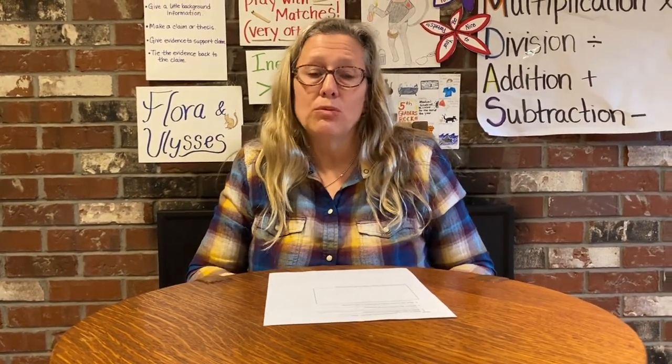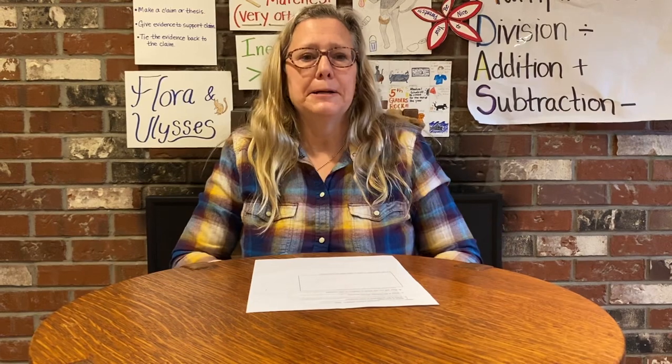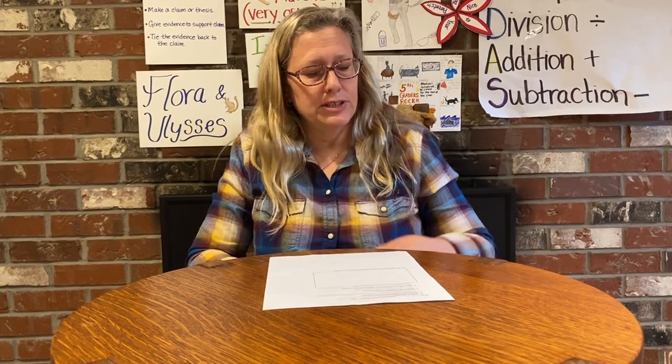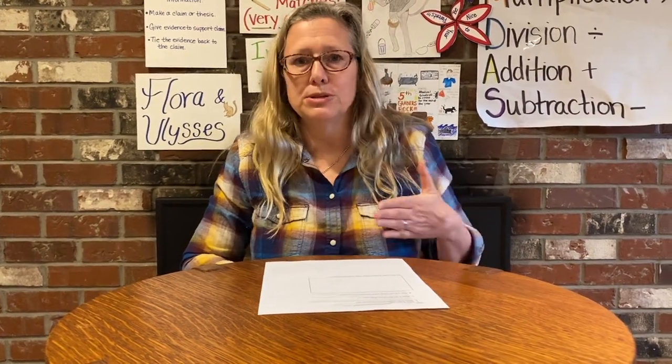It could be one of the specific taxes like the Sugar Act or the Tea Act or the Stamp Act. So think about a particular issue that you want your cartoon to be about, and then you're going to take your stance on it, or your opinion.